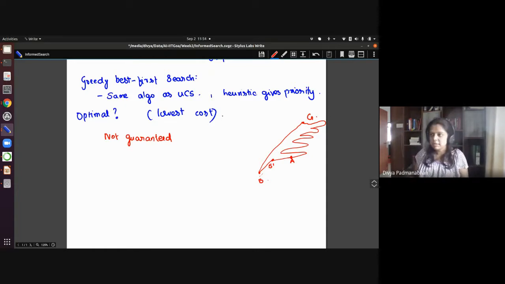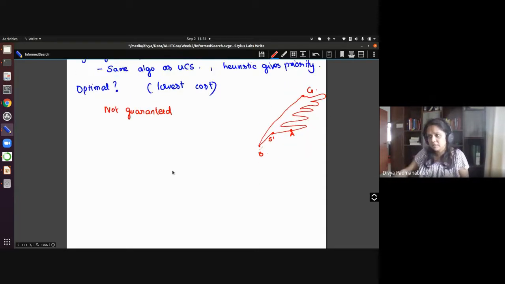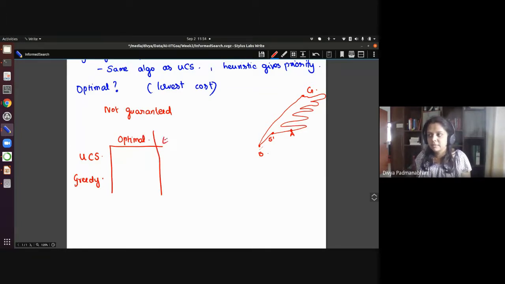Okay, so let me just write down a summary of this. So on one hand, you had UCS, and here you have greedy. Greedy is an informed search method, whereas uniform cost is uninformed, so you don't have heuristics. So there are different features: optimality and exploration.